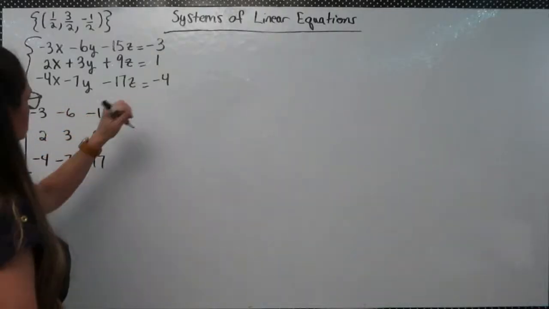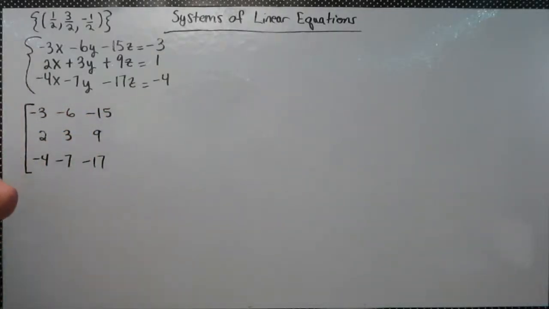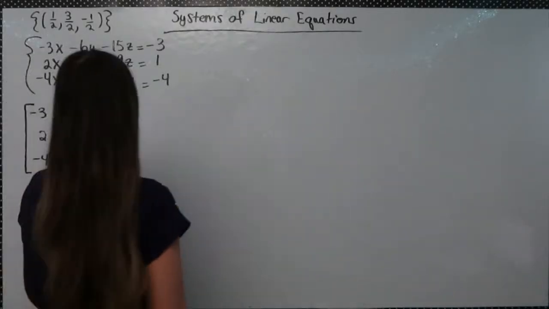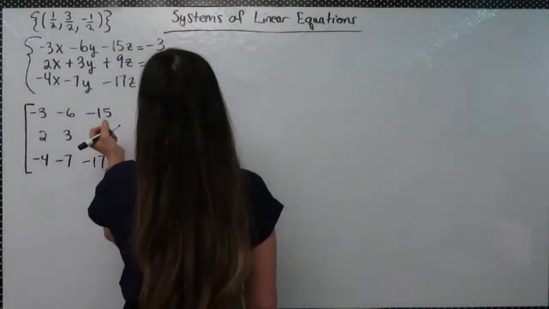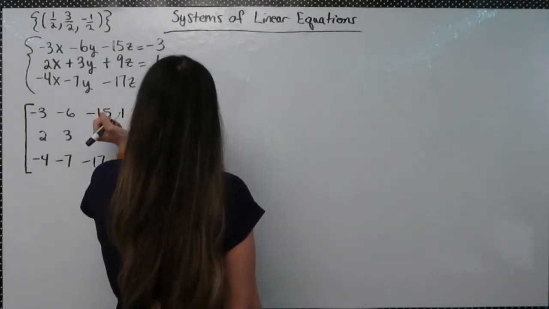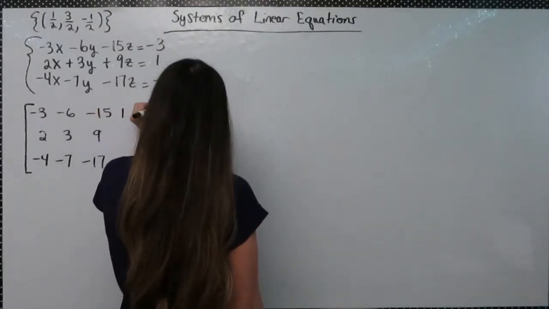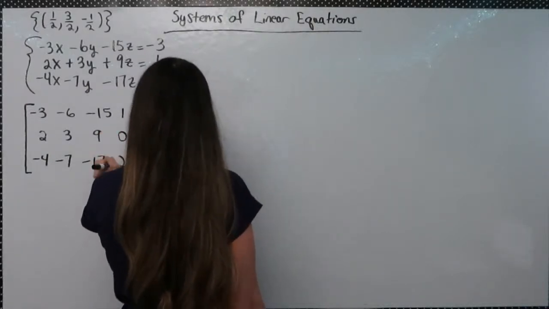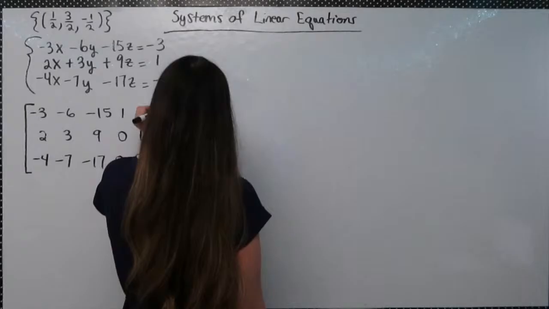Then we're going to attach it to the identity matrix. The identity matrix is the one consisting only of ones and zeros. So we have 1, 0, 0, 0, 1, 0, 0, 0, 1.